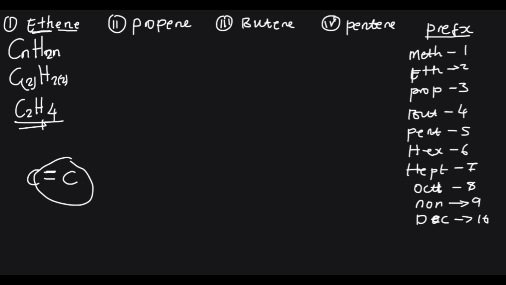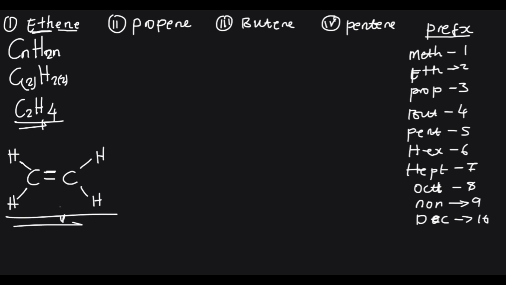Also, this carbon has 2 bonds. So the bonds between the carbon atoms must be counted on each carbon respectively. Now for this carbon, we only have 2 bonds remaining. Also here 2 bonds remaining. So this is where our 4 hydrogens must be indicated. So this is the structure.